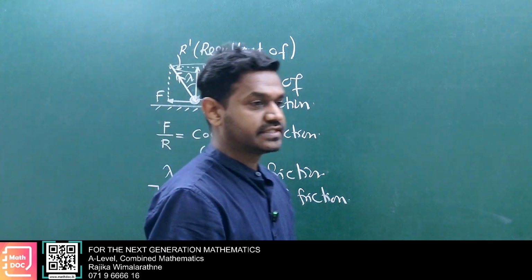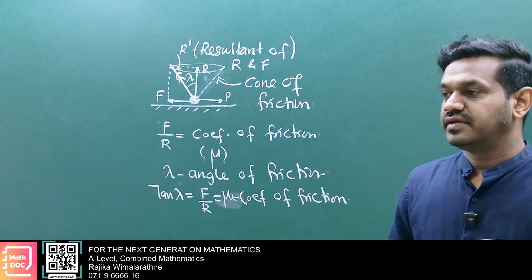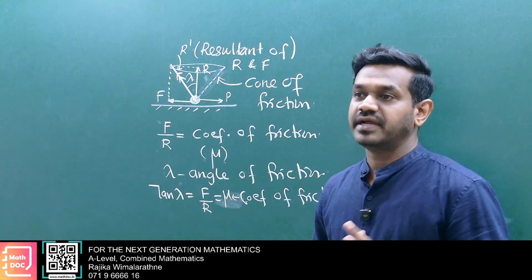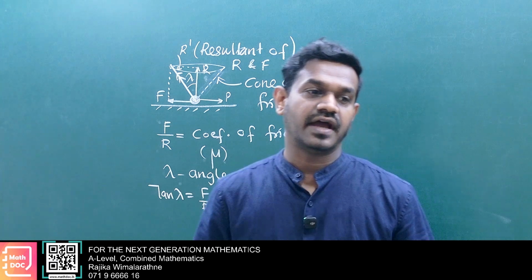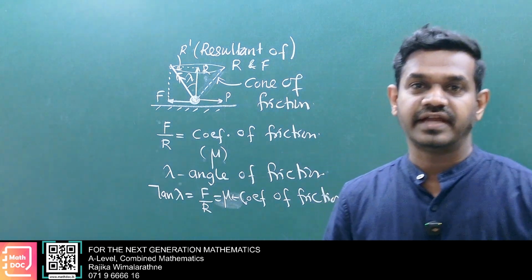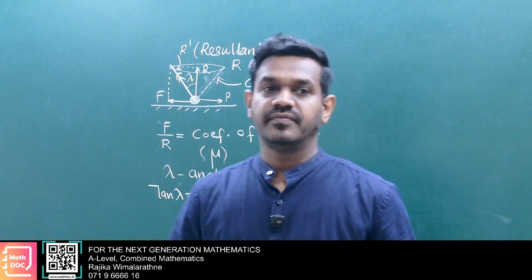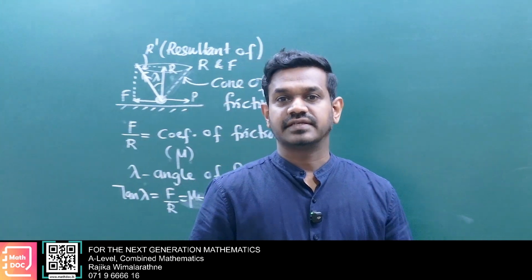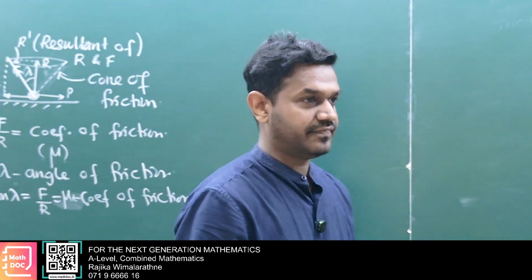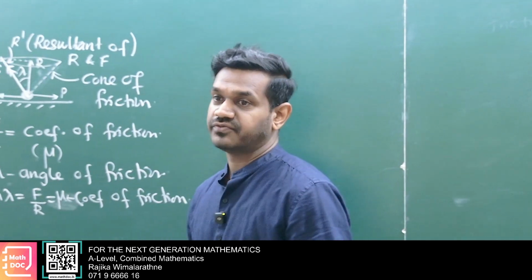Now write down with a star mark: the F divided by R ratio is known as the coefficient of friction.